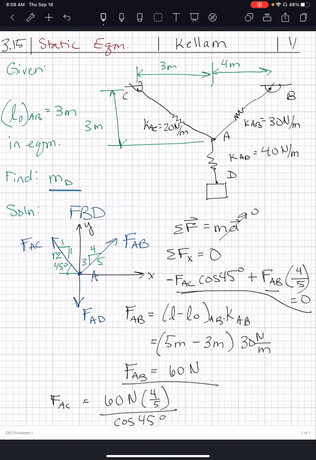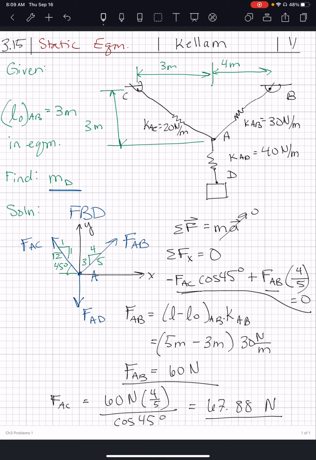Multiplying it out in our calculator, 60 times 4 divided by 5, it gives us 67.88 newtons.